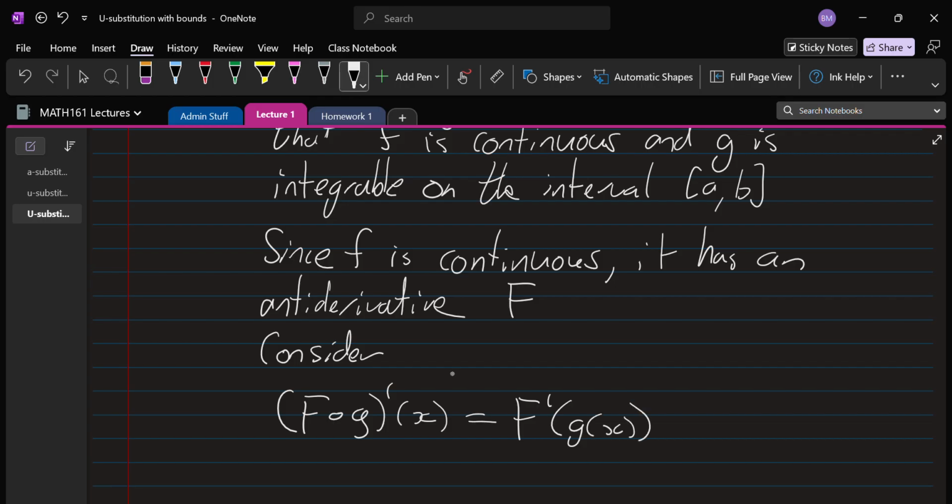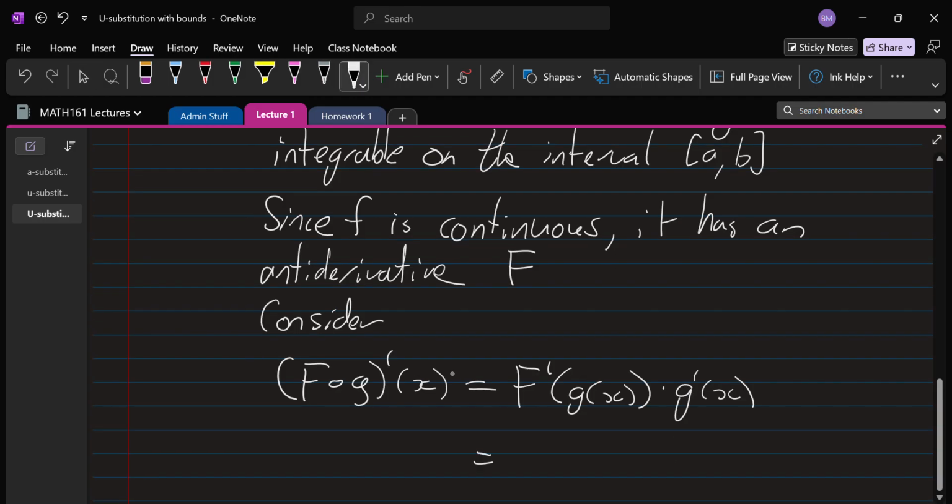So, chain rule: derivative of the outside, that's capital F prime of g of x, times the derivative of the inside, that's the little g prime. Again, it might still look a bit weird, but remember, capital F is the antiderivative, so capital F prime is just little f.